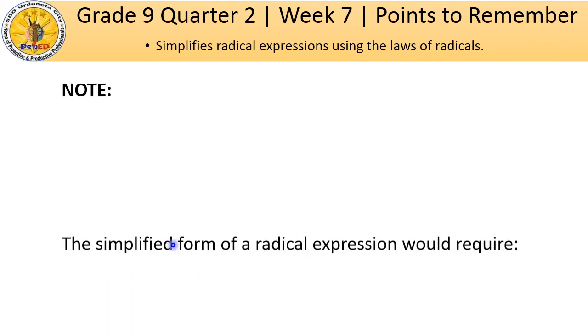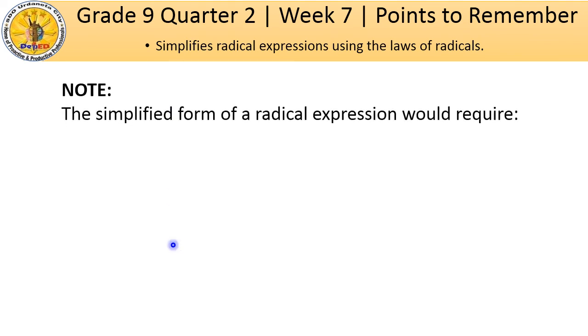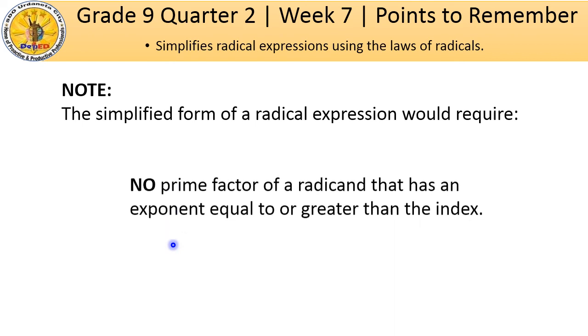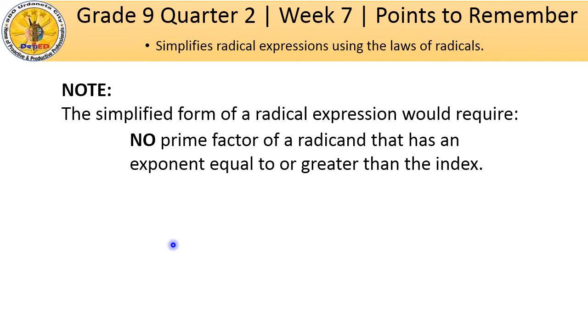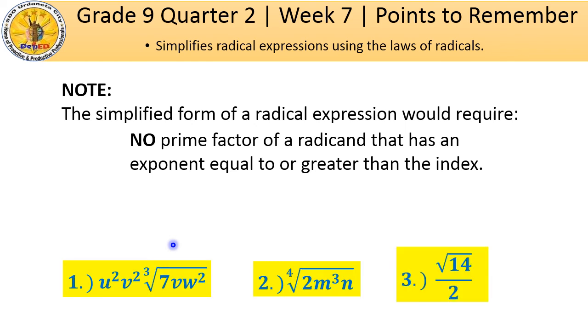Take note, ito ang kailangang tandaan kung ang mga radical expression ba ay in simplified form na. First, no prime factor of a radicand that has an exponent that is equal to or greater than the index. Ito ang mga sagot natin kanina. Nakuha ba natin ang requirement number 1? Tama.